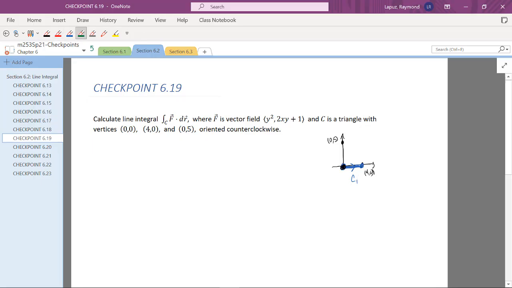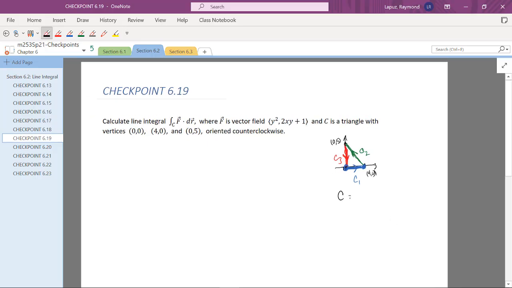We have another line segment. Let's call this one C2. And then finally, a third line segment, C3. Notice that there are arrows associated with these line segments because we want to go in a counterclockwise direction.